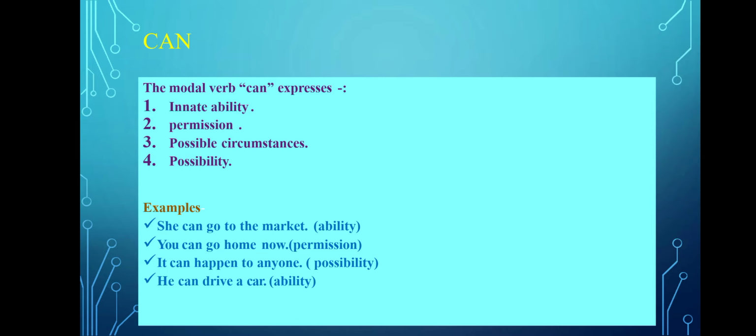Now next one, it can happen to anyone. It's a sentence of possibility. He can drive a car. Again, the sentence is throwing light on the ability of the subject he. So can expresses innate ability, permission, possible circumstances and possibility.